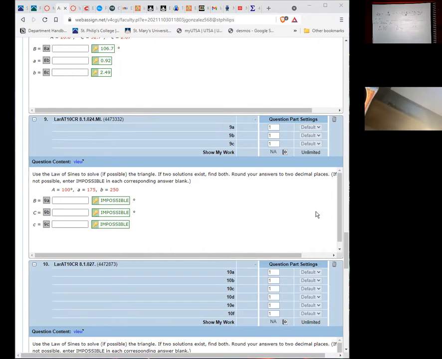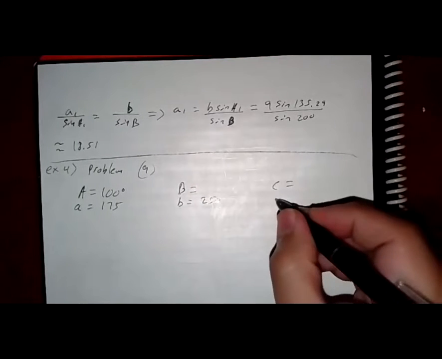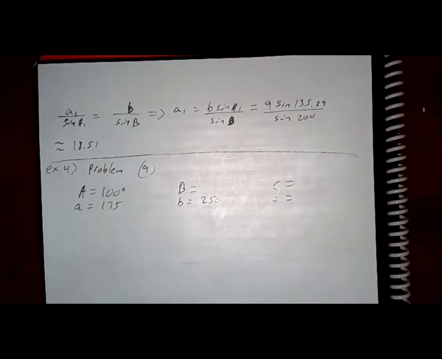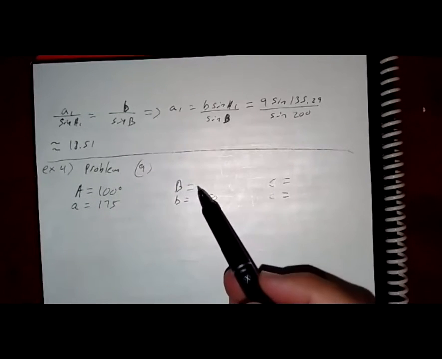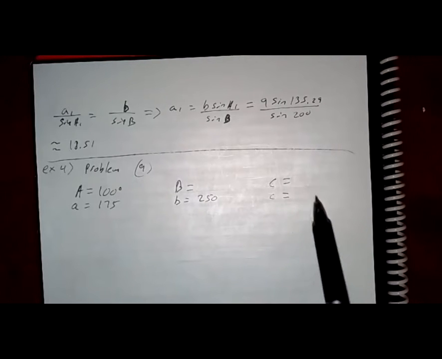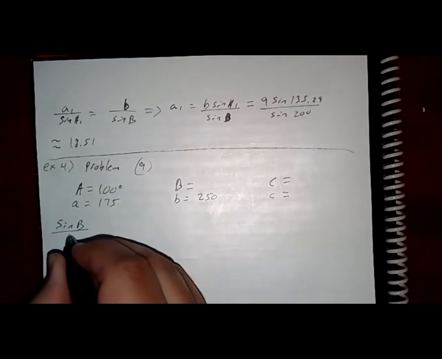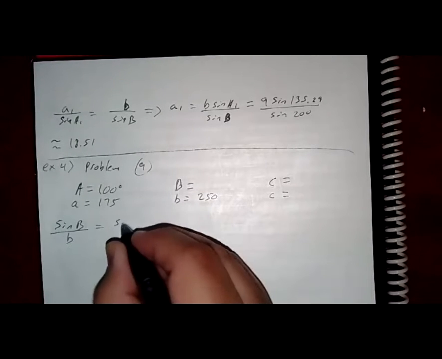Okay. All right then. So obviously we should try to find capital B, right? Because we have its pair. We cannot mess with C currently. So we'll start by sine over A equals, that's a B. Yeah, either way.